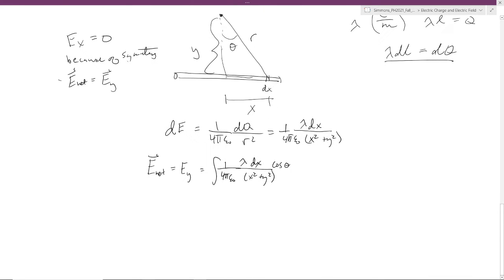Now, you can see pretty quickly that there's a mathematical challenge with this because we have an integral over x, but it contains an angle. So you can deal with this in different ways. One way is we could put that angle in terms of x and y. And let's try that first.